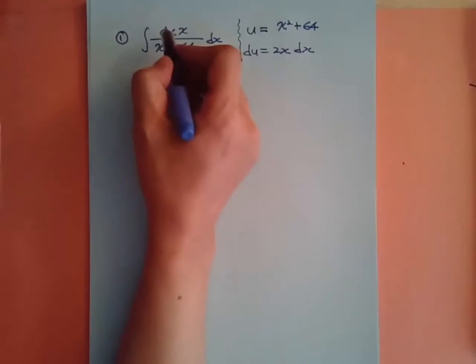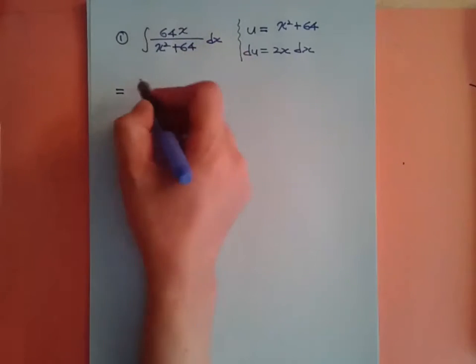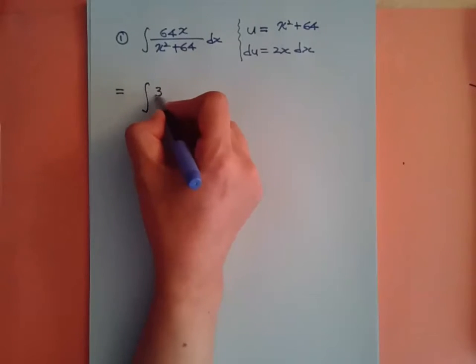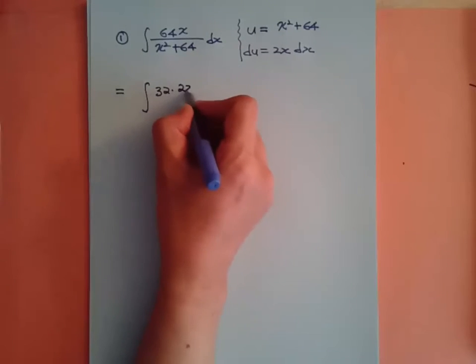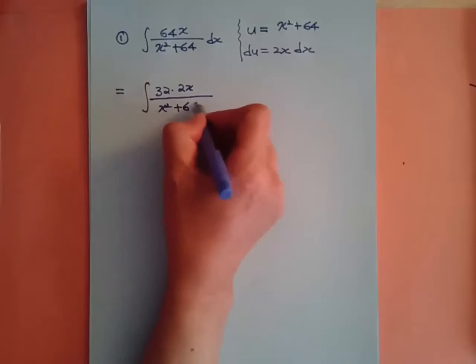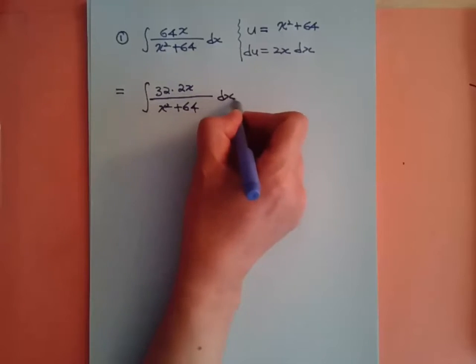So we can say that this is 32 times the integral of 2x over x squared plus 64 dx.